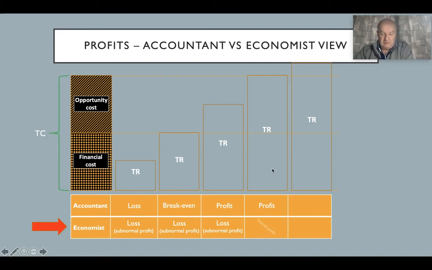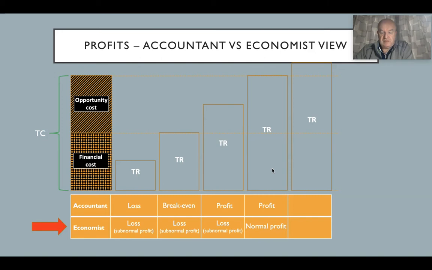If we then take a look at what the economist's view would be, that would be where we're actually achieving normal profit. Effectively, all of our costs, our financial costs and our opportunity cost, are covered by the total revenue, and that would be the point at which we've achieved normal profit.